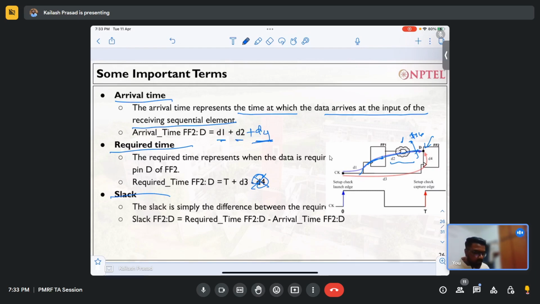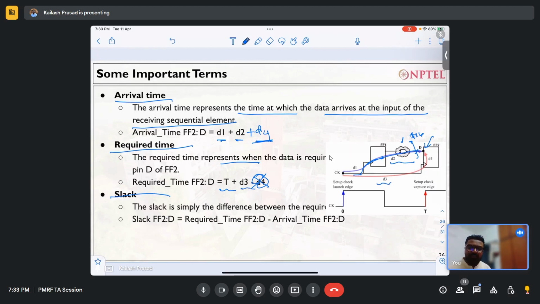Now the required time is the time period which you have been given, so this will be T, plus any skew, that is D3.